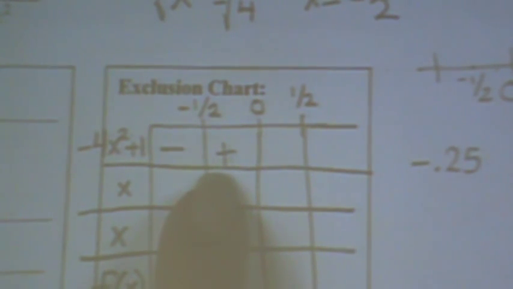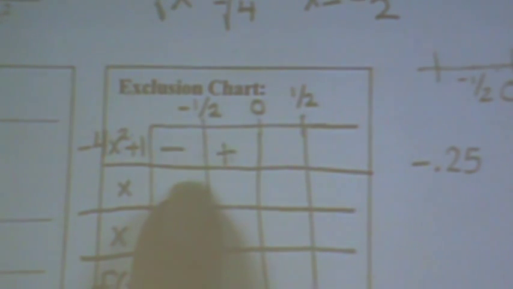When you plugged -1/4 in here, and the reason is because that was your 0. So it should have changed over. Let's make sure we were right. So if you use -1/4, -0.25, you're going to square it, multiply it by -4, and add 1.